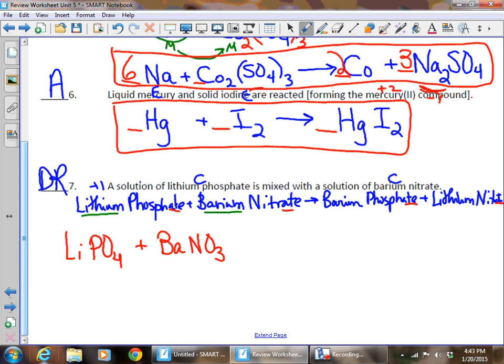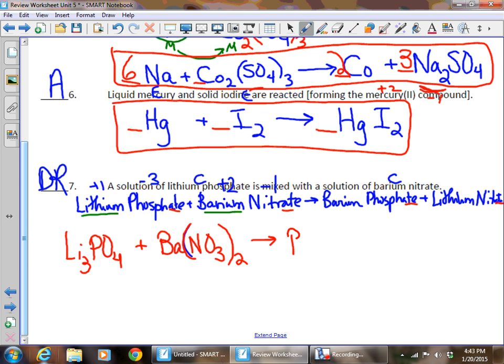Lithium's +1, phosphate's -3. So it looks like we're going to need a 3 with the lithium. Barium is a +2. Nitrate is a -1. So it looks like we're going to need to do this to get the formula for that compound.